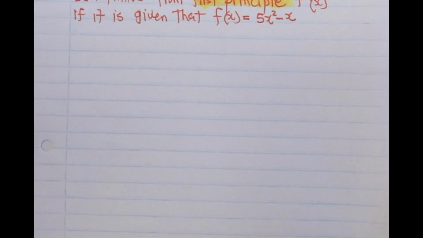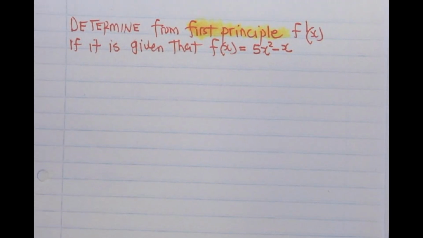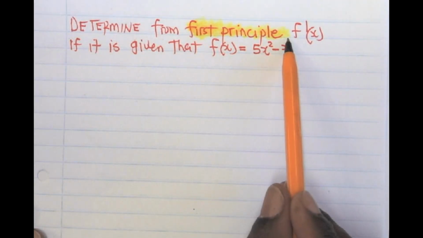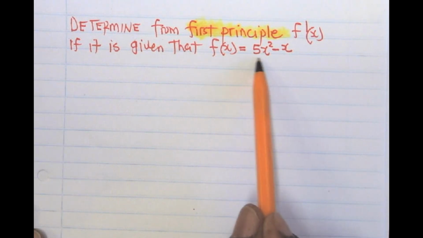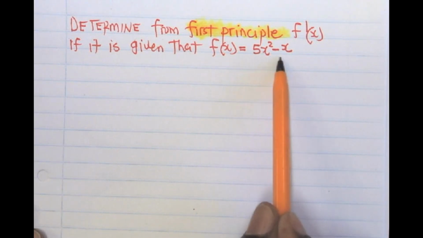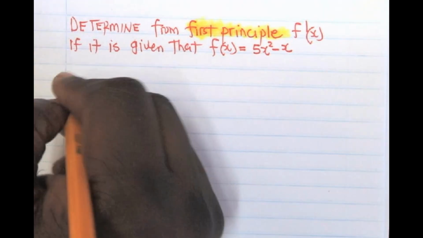It says here, determine from first principles the first derivative if it is given that f of x is equal to 5x squared minus x. So I'm going to start here.